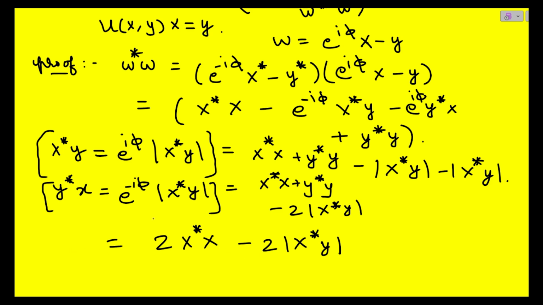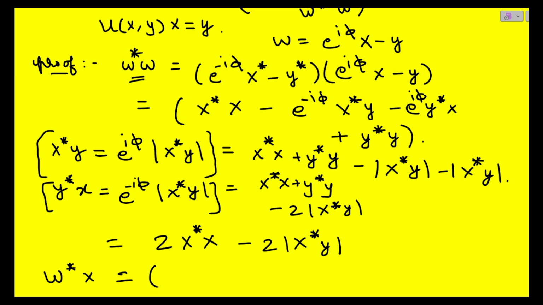Now, this is w star w. Now let's try to calculate what w star x is going to be. The reason being, if you calculate this one, there's something interesting going to happen. So w is nothing but e to the power i phi x minus y.